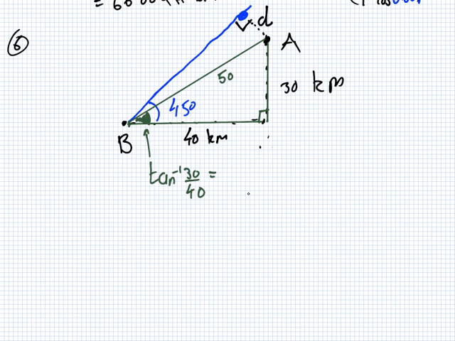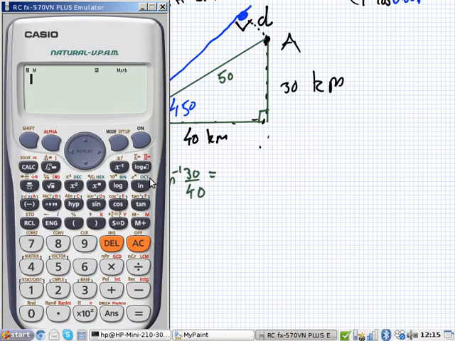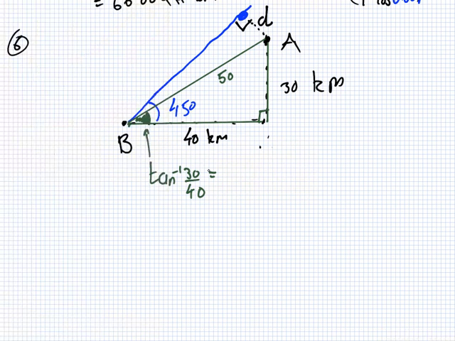What's that now? 56 or something? Tan inverse 30 over 40 in degrees, please. Okay, let's see. 36.87.